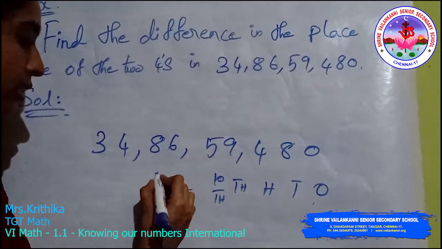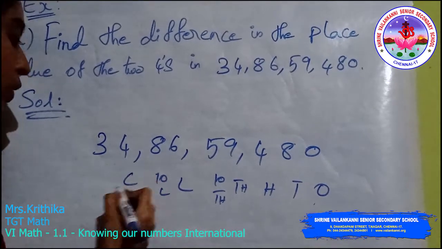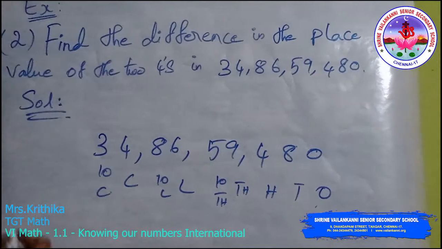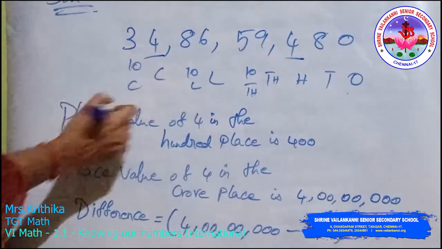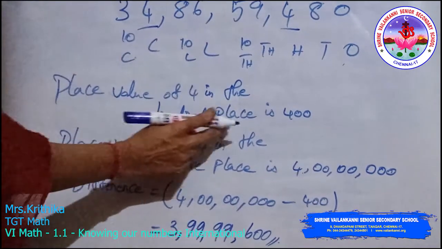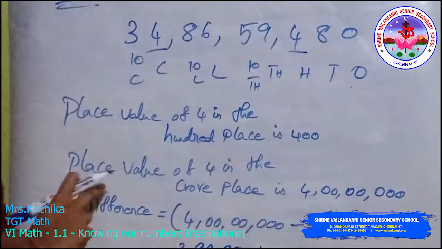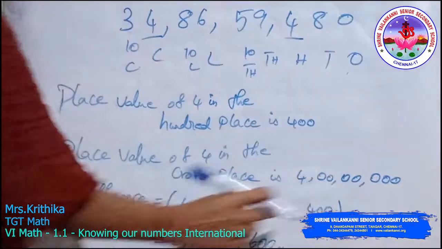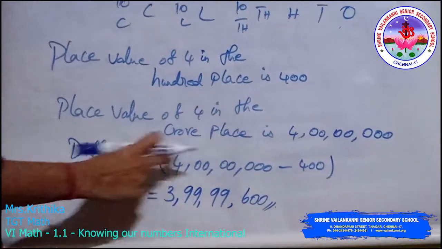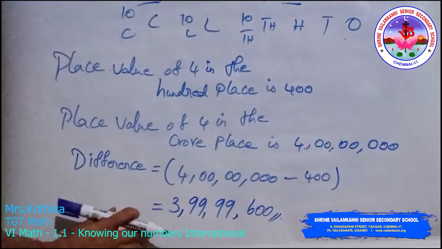The place value of 4 in the hundreds place is 400. The place value of 4 in the crore place is 4 crores. Difference between 4 crores and 400 is 3 crore 99 lakhs 99,600.